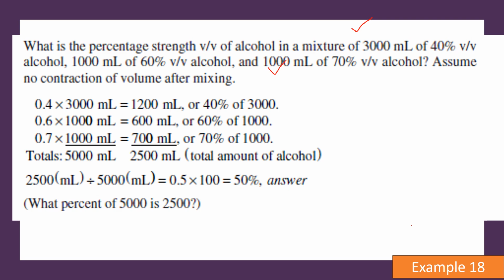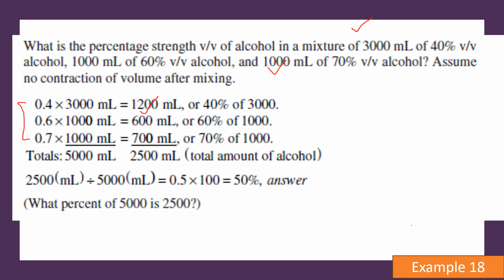So to solve this problem, this is the first step. You identify the volume of the alcohol in each of the compounds. Compound A has 40% of 3000 ml, equal to 1200 ml.